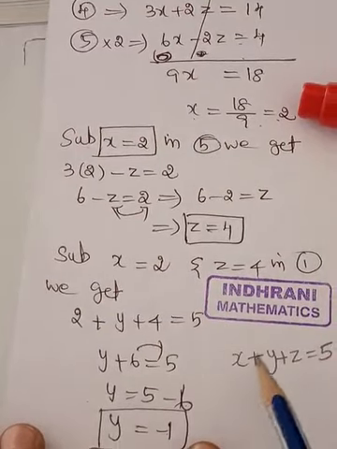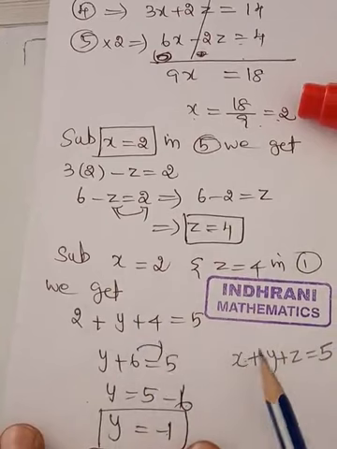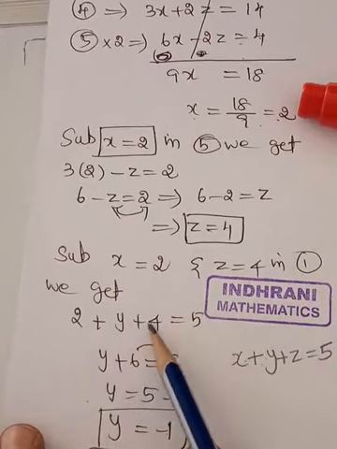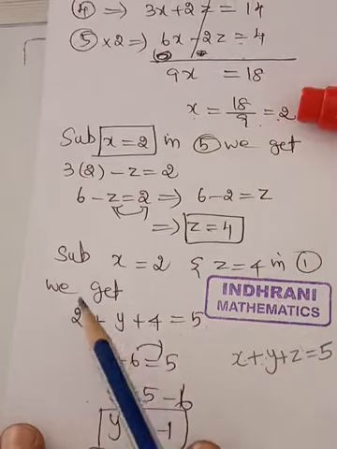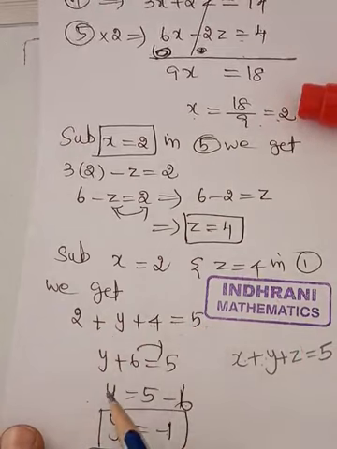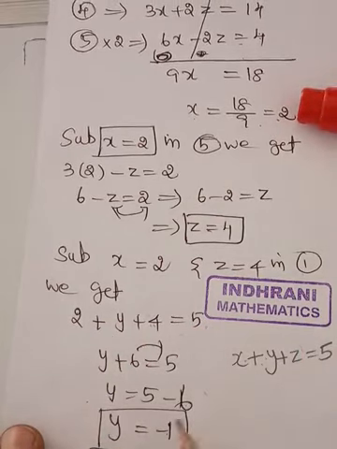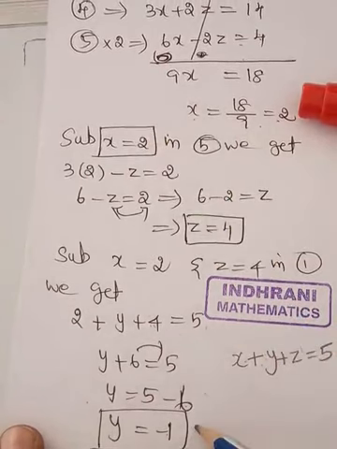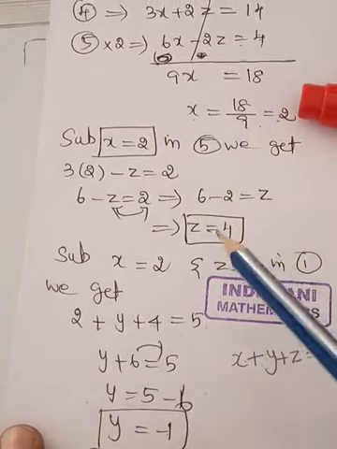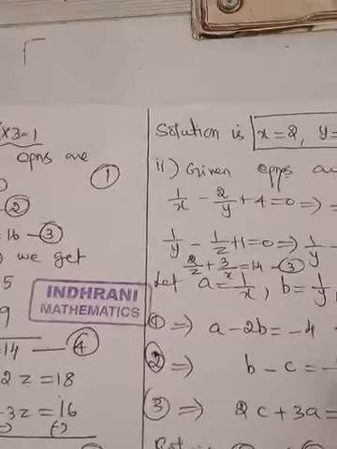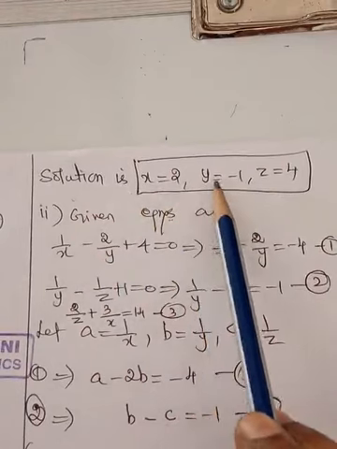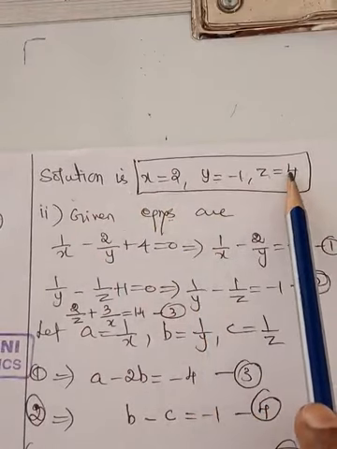So substitute x equal to 2 plus y, we don't know y, keep as it is, plus z value 4, equal to 5. So y plus 4 plus 2 is 6 equal to 5, y equal to 5 minus 6, the answer is minus 1. So we got x equal to 2, y equal to minus 1 and z equal to 4. This is the solution. So the final line we have to write: solution is x equal to 2, y equal to minus 1, z equal to 4.